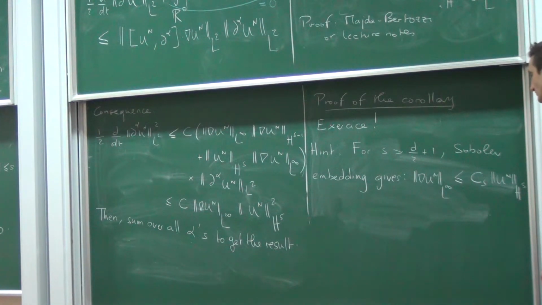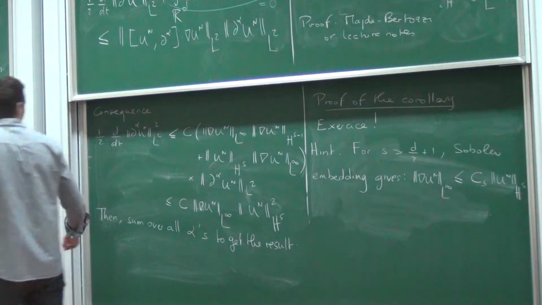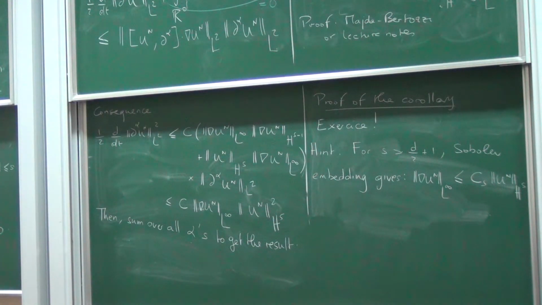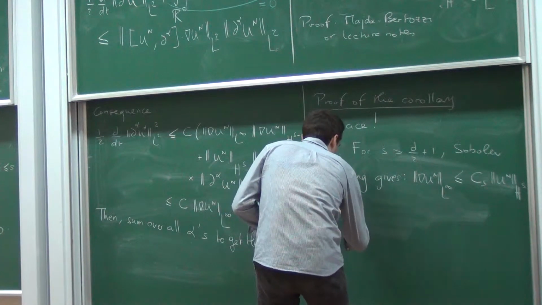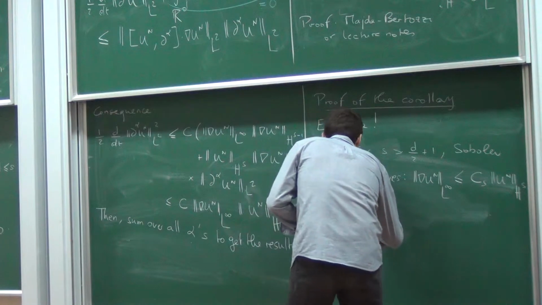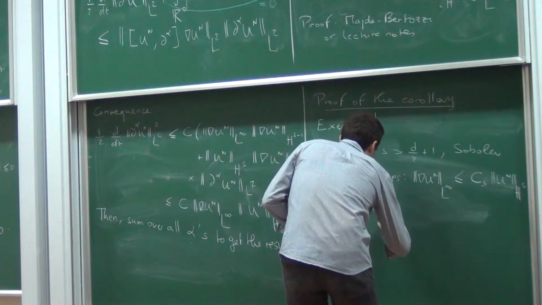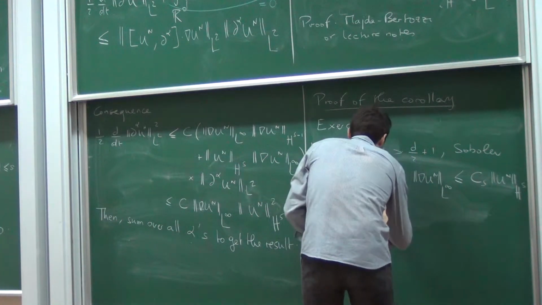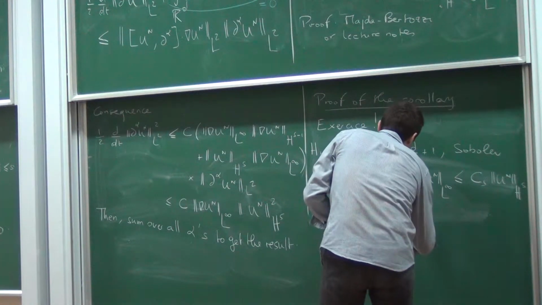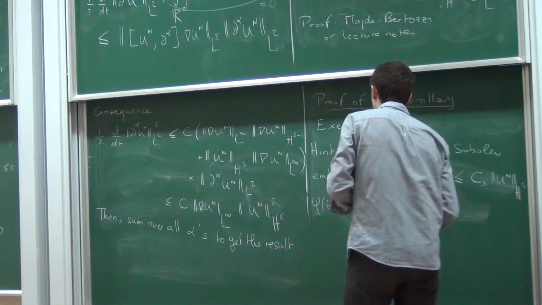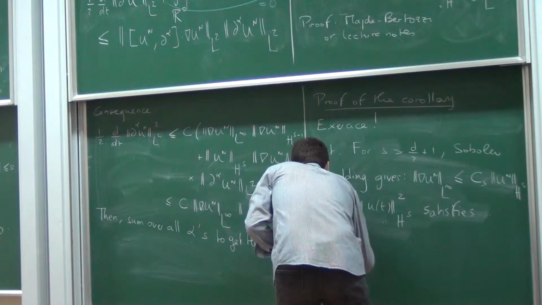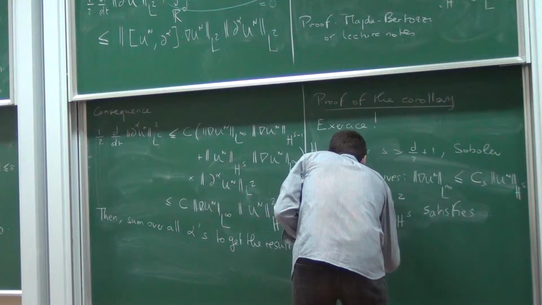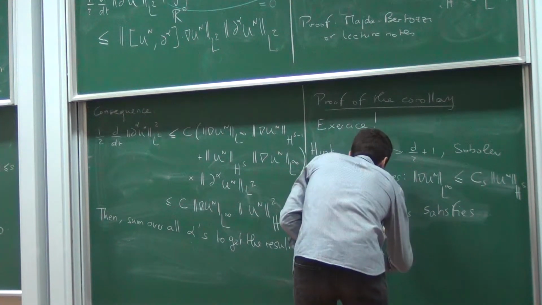Right? So when you use this Sobolev embedding here, you see that the function phi of t, which is the Hs norm of u of t squared, satisfies phi prime is less than a constant times phi to the 3/2.